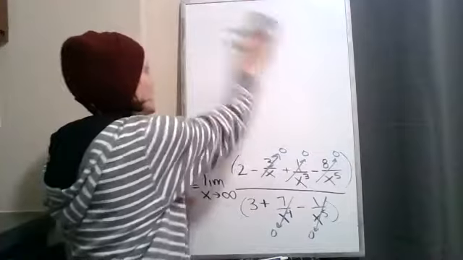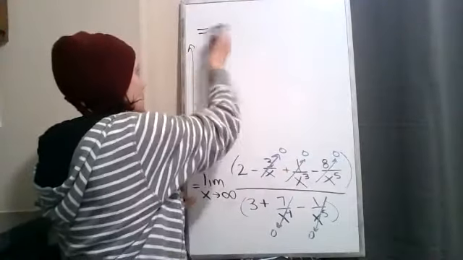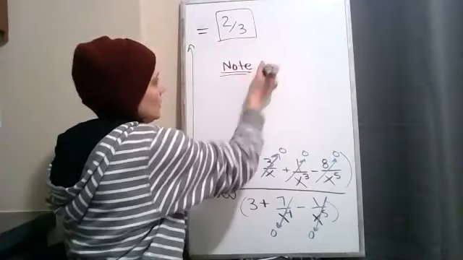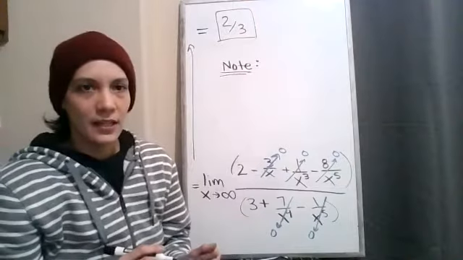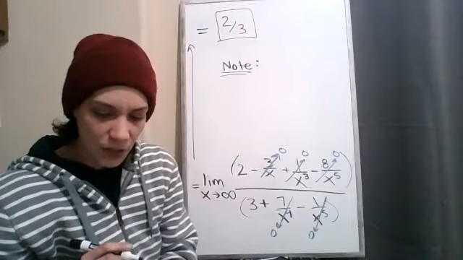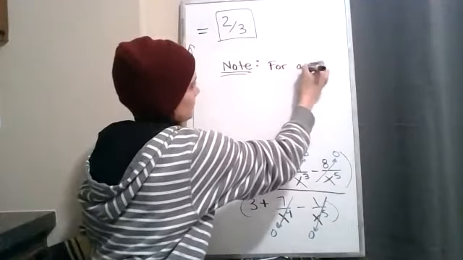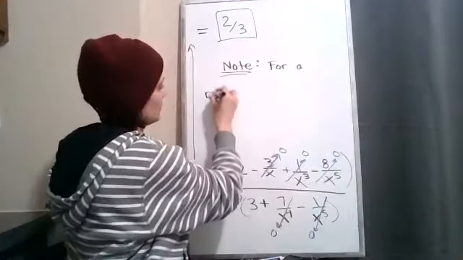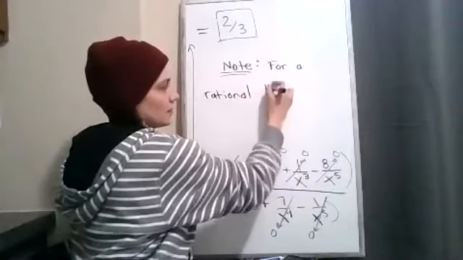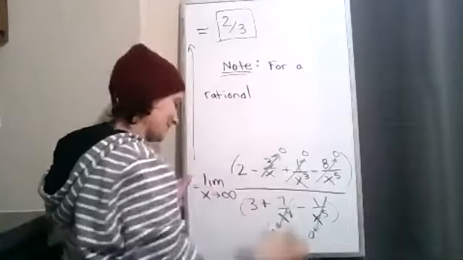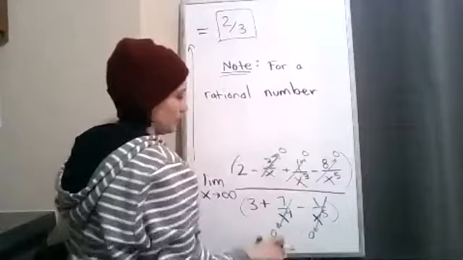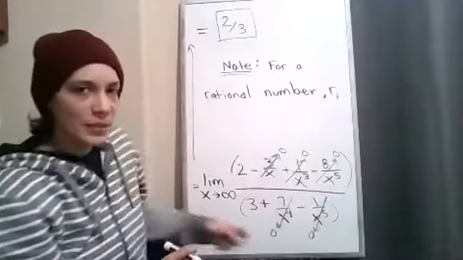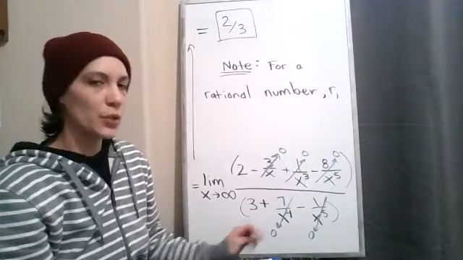I'm just going to write this. For a rational number r, the limit as x goes to infinity of 1 over x to the r will equal 0.